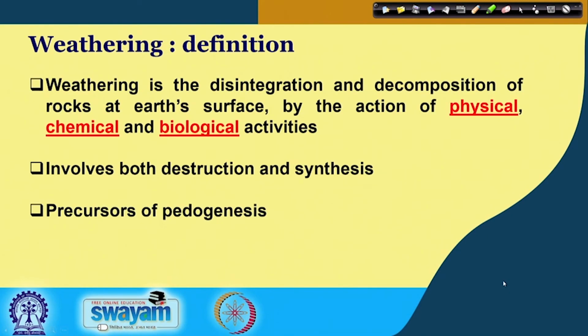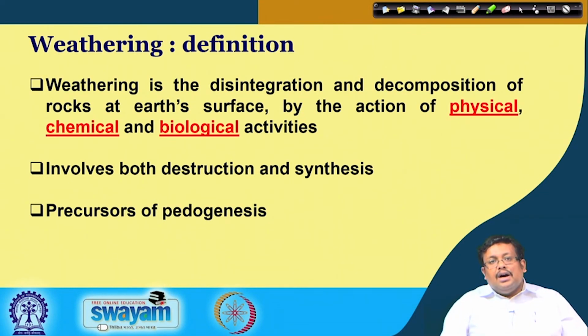Weathering is the disintegration and decomposition of rocks at the earth's surface by different physical, chemical, and biological activities. So, it involves both destruction and synthesis, and obviously, it is the precursor of pedogenesis. Although weathering is a continuous process, unless there is a considerable amount of weathering products, the soil pedogenesis process cannot start.